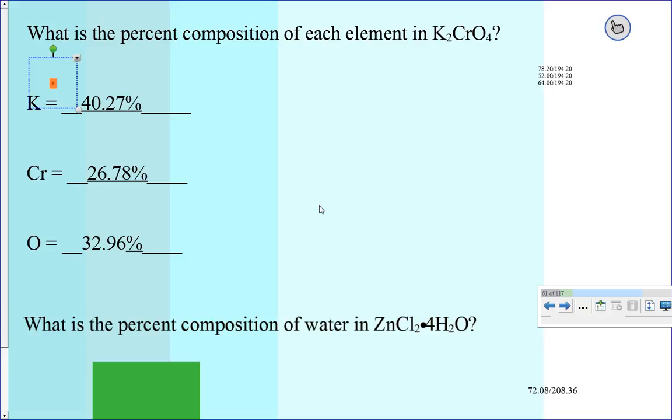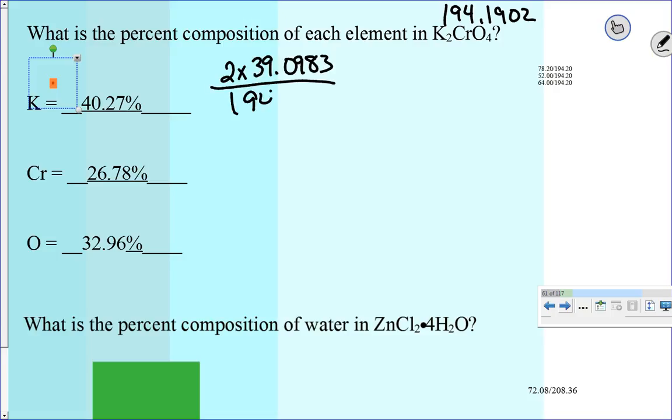For potassium, you had to do 2 times 39.0983. Your gram mass for this whole thing is 194.1902. So for potassium, you're really doing 2 times 39.0983 divided by 194.1902 times 100.